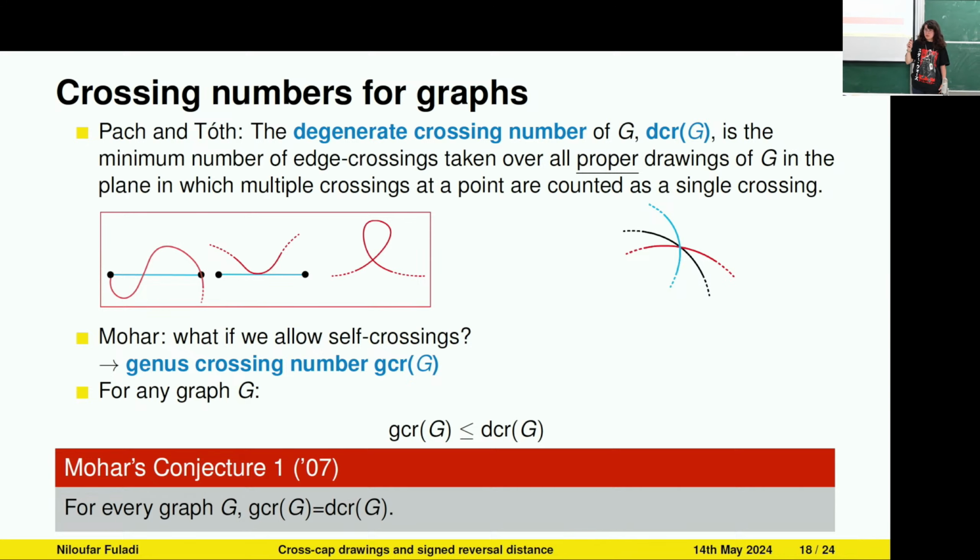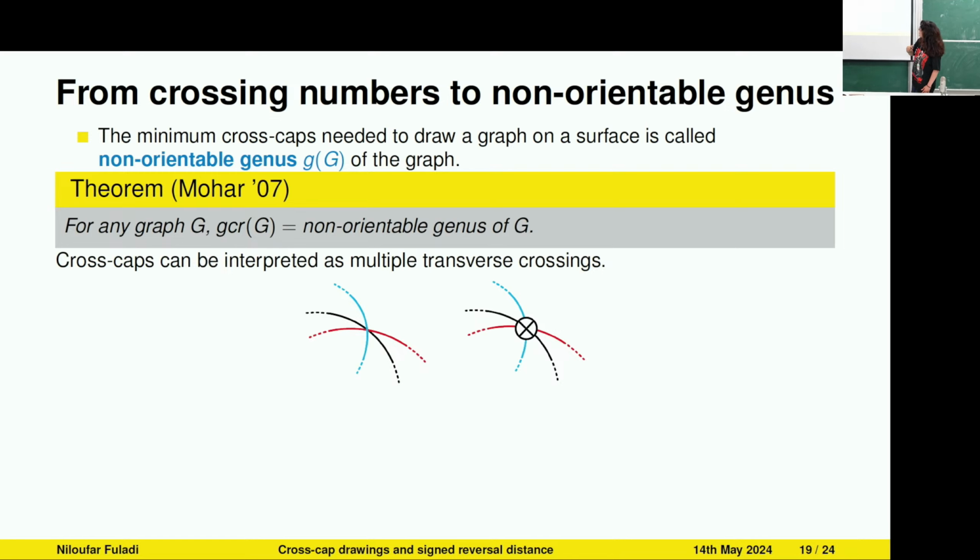Now let me tell you how everything is related to the things that I was just describing. The non-orientable genus of a graph is just the minimum number of cross-caps that you need to draw that graph on a non-orientable surface. Mohar proves that the genus crossing number is equal to the non-orientable genus of the graph, and it's pretty easy to see.